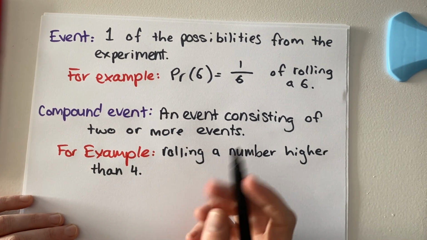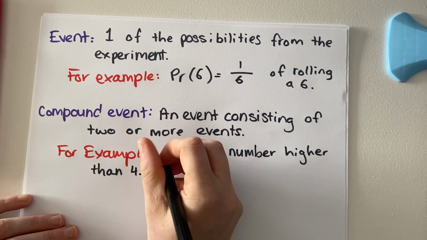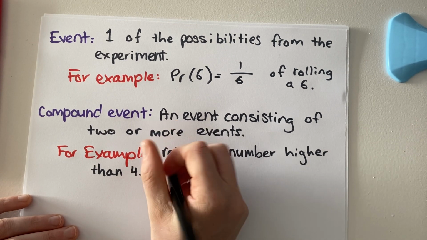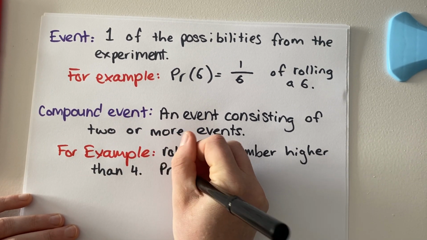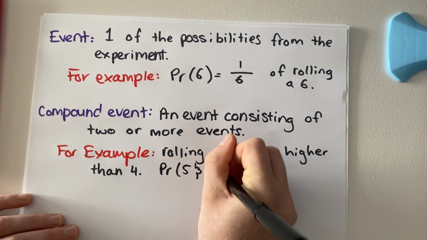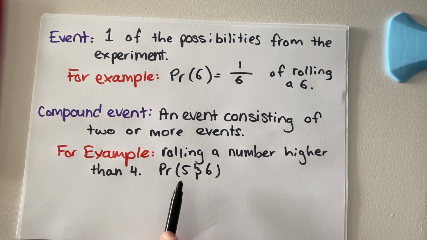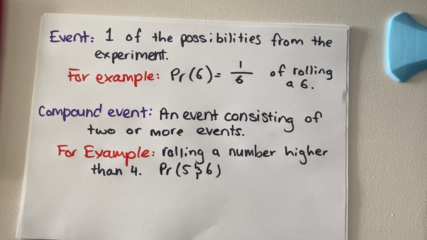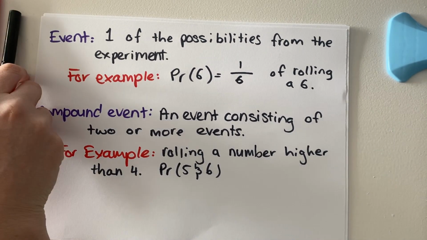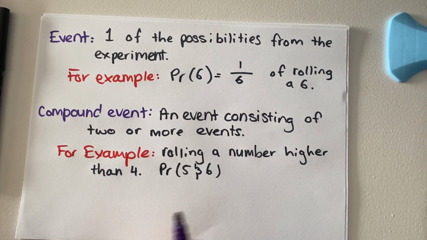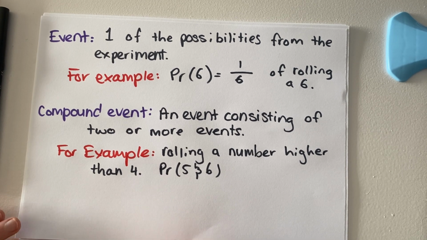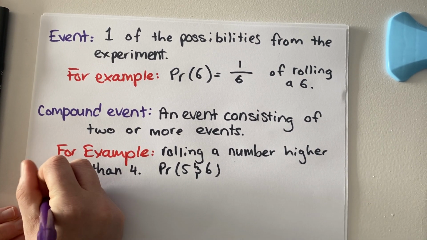This is a compound event because it includes 5 and 6. Because we're looking at 2 things happening, not just one number, but 2 numbers happening. So then we have one last word that comes in this, which is called the complement.